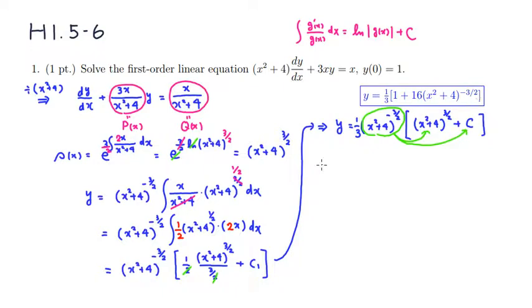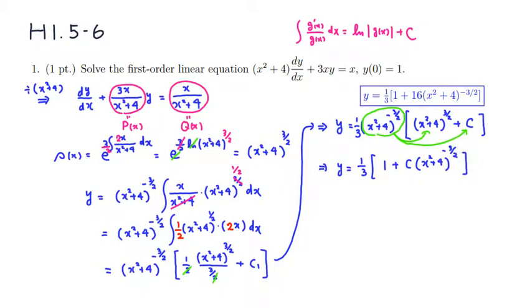So we're going to get y is equal to 1/3, and this times that, they are reciprocals of each other, you get 1 plus c times x squared plus 4 to the negative 3/2 power. So we're almost there.